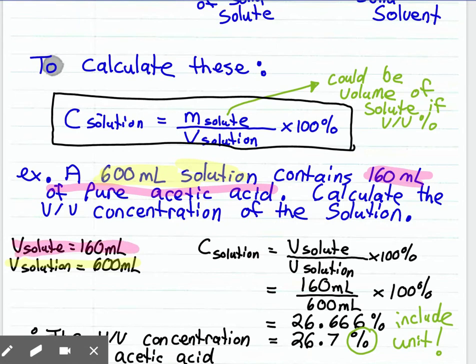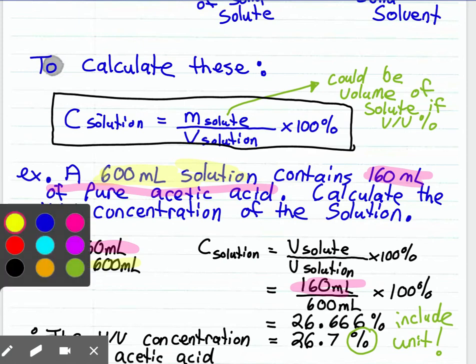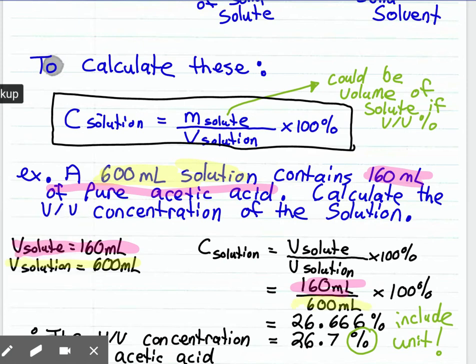We know our formula is concentration of solution is volume of solute divided by volume of solution times 100%. So we just plunk in our numbers. Our solute was 160 mils, so we put that here. Our volume of solution is 600 mils. And then we times it by 100%.